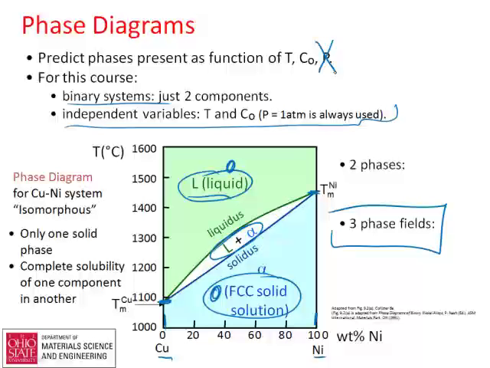We as materials scientists don't typically consider pressure a free variable. We usually do all our work at atmospheric pressure. In this system, it's isomorphous, one morphology, face-centered cubic, only one solid phase. There's complete solid solubility of one in the other. Simple as pie, I hope.